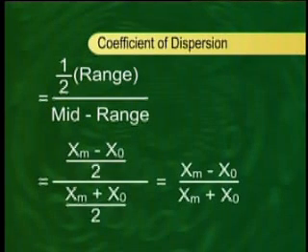In other words, (xm minus x naught) over 2 divided by (xm plus x naught) over 2, which on simplification becomes simply (xm minus x naught) over (xm plus x naught).